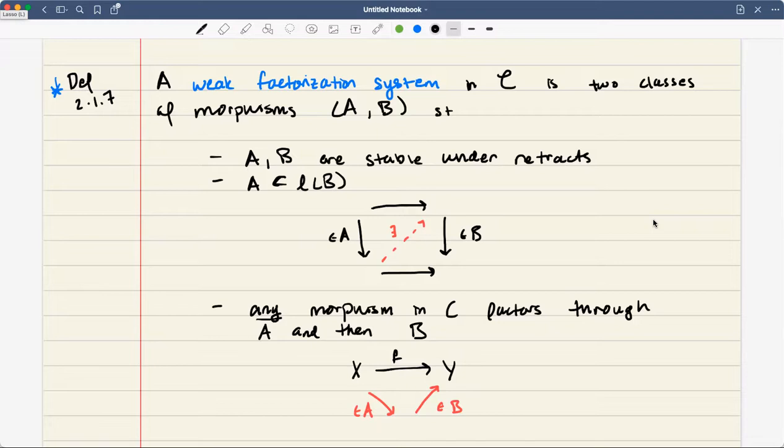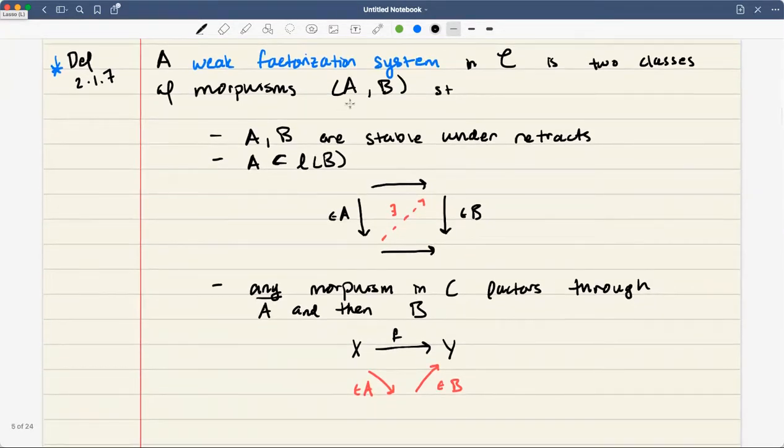If we take a retract of something in A or B, we get something in A or B respectively. But second of all, A has the left lifting property against B. And why do we call it factorization? Well, any morphism at all in C must be able to factor through something first in A and then something in B.